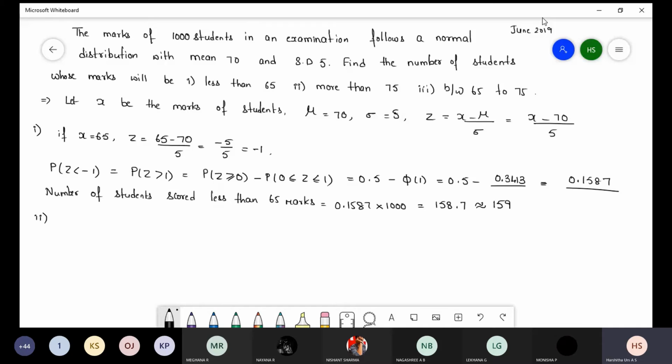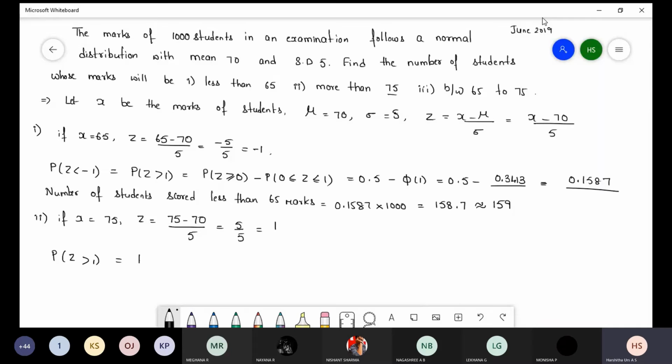Second one, more than 75. So if x is equal to 75, z is equal to 75 minus 70 divided by 5. So 5 by 5 is equal to 1. So P of z greater than 1.